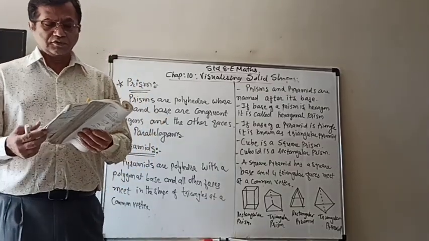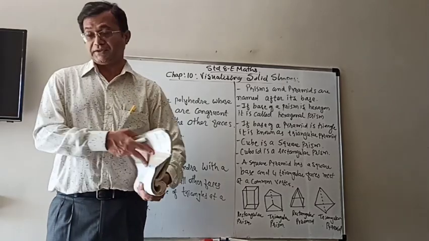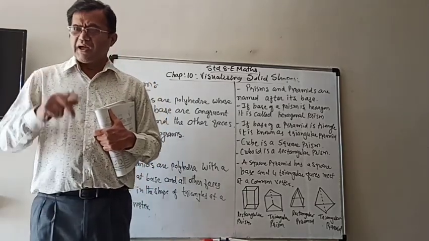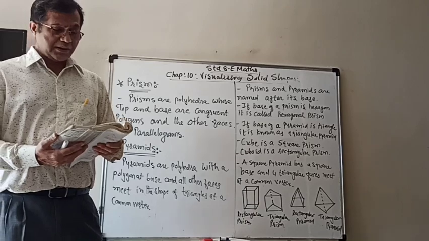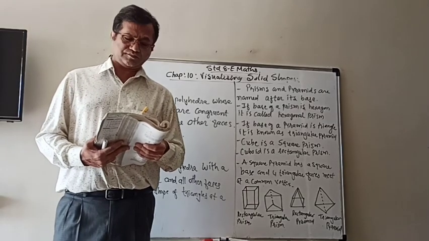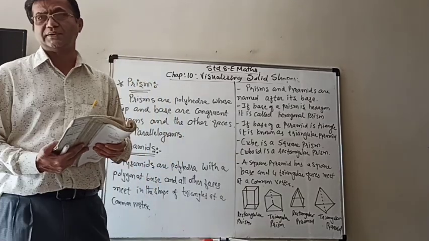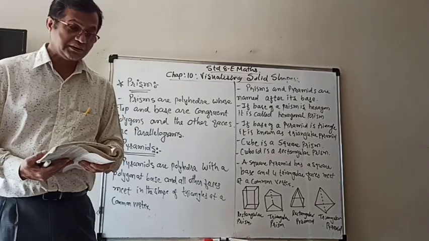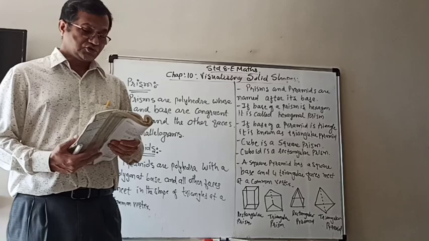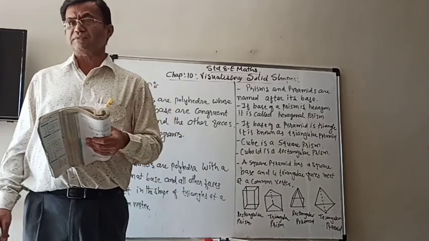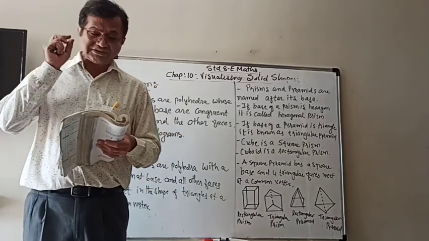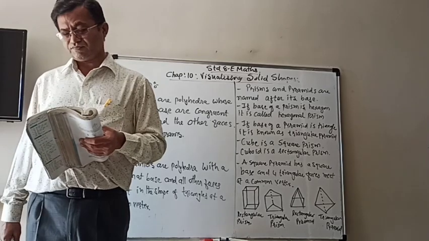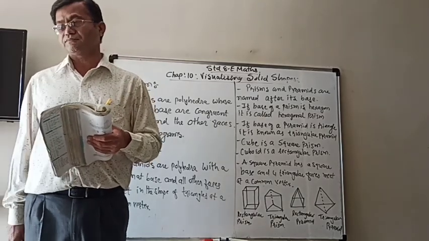Now we learn more about polyhedra. The two important members of the polyhedron family are prisms and pyramids. They are the two most important members of that family around us.